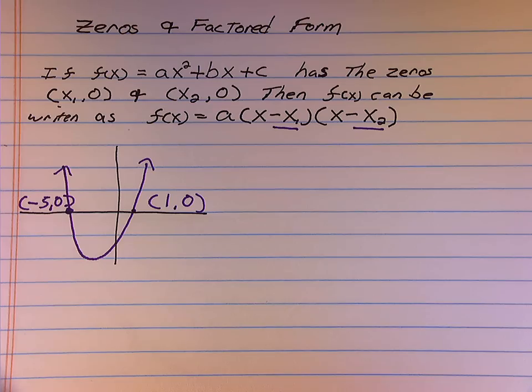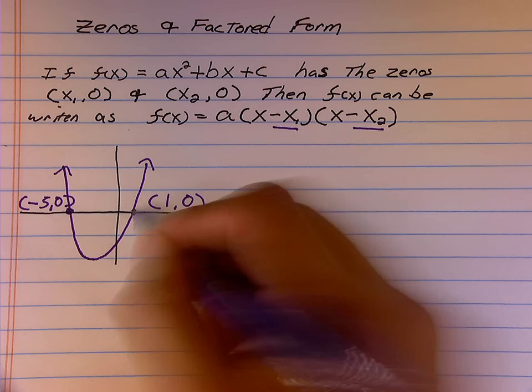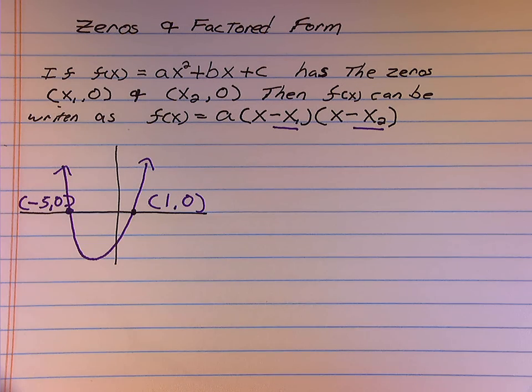And I'd like to write this in factored form. Right now we're not going to assume what A is. We're just going to put it in factored form without knowing what A is.